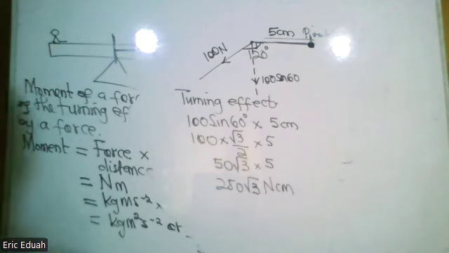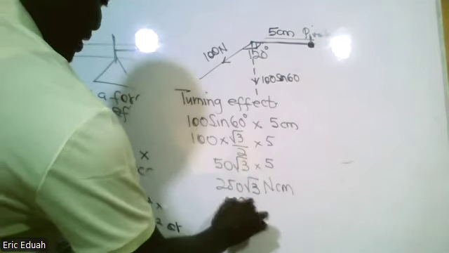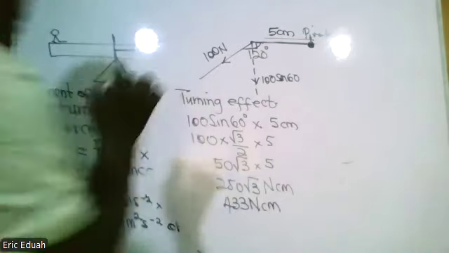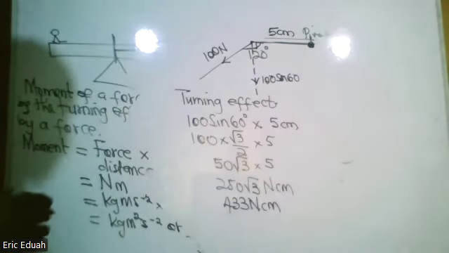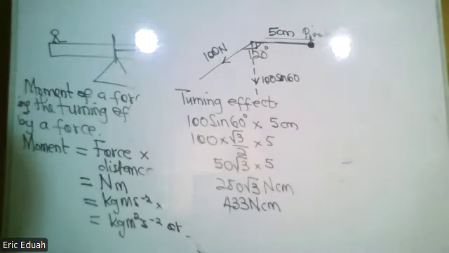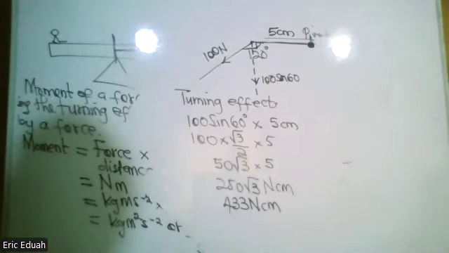or 250 root 3. 250 times root of 3 is equal to 433 Newton centimeter. Or I want to change the centimeter to meter. Centimeter to meter is times 10 to the power -2.